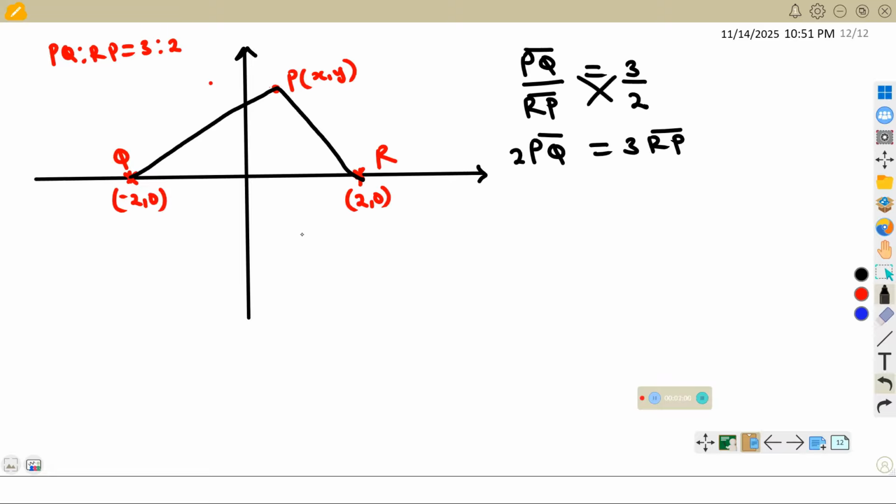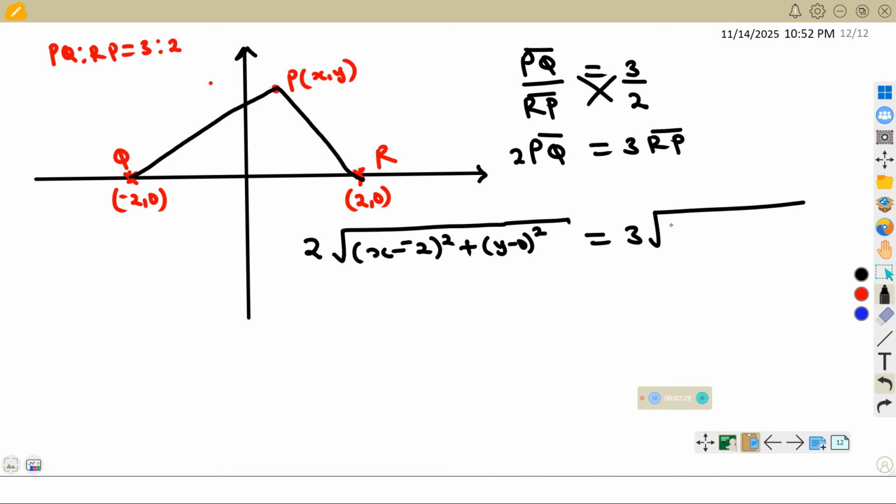So this will be 2 times the distance between P and Q, which is obtained by getting the square root of x minus 2 squared plus y minus 0 squared. So this will be equal to 3 RP. RP, we are considering these 2 points, so I can get this as the square root of x minus 2 squared plus y minus 0 squared.